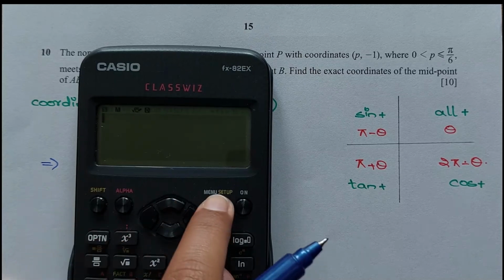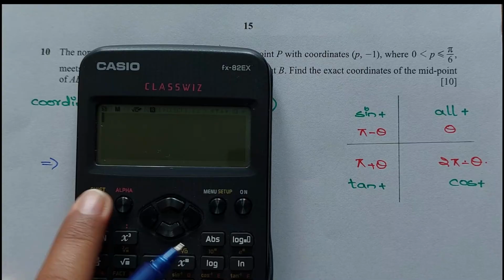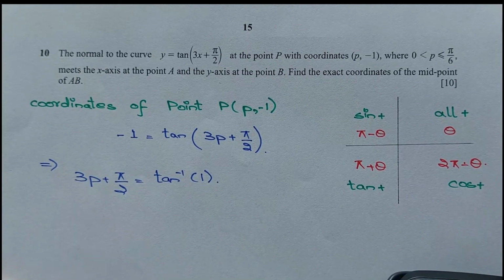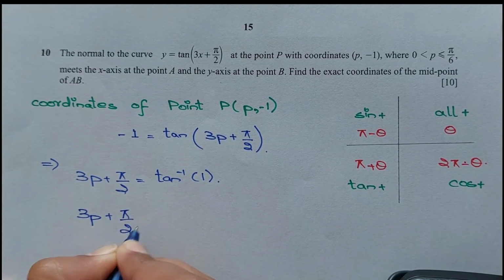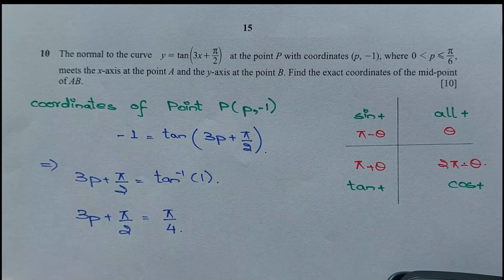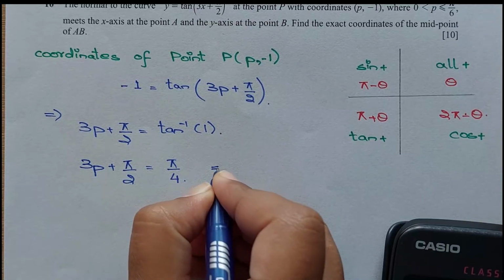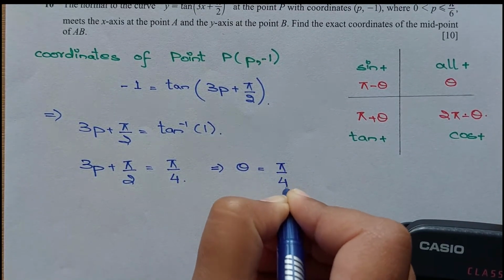Let me put the calculator in radians. Okay. Tangent inverse of 1 is pi by 4. So this implies that the theta value we got is pi by 4.